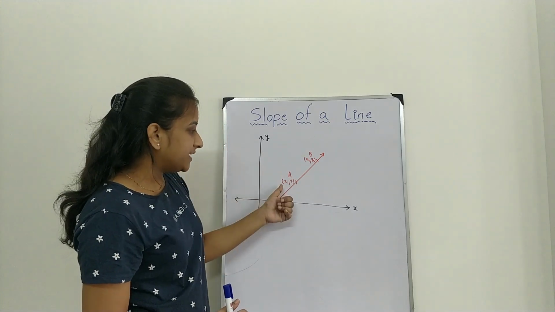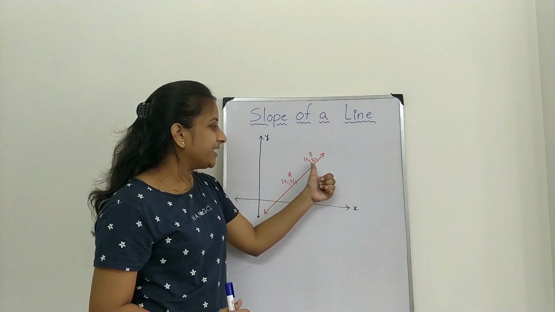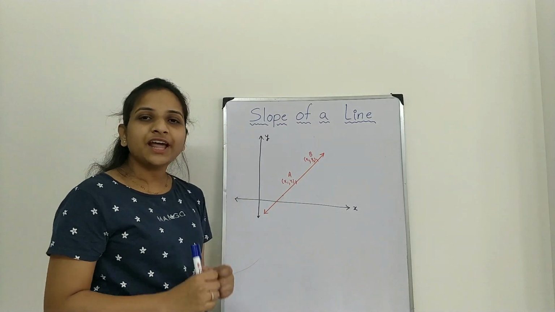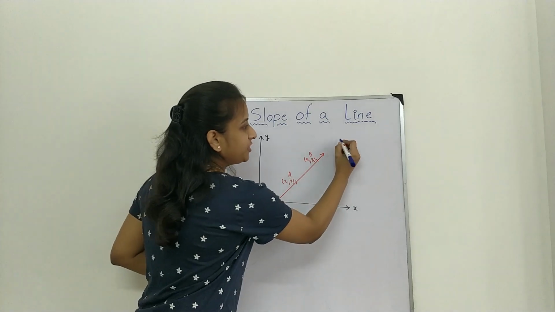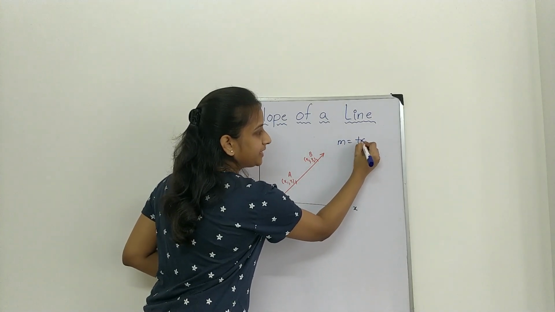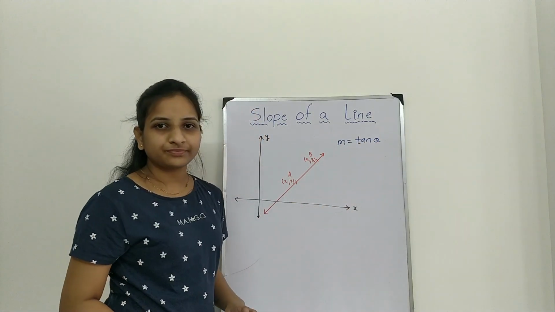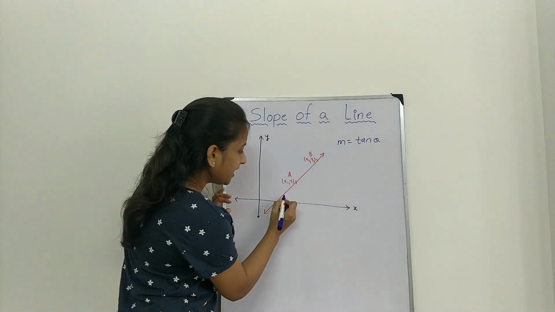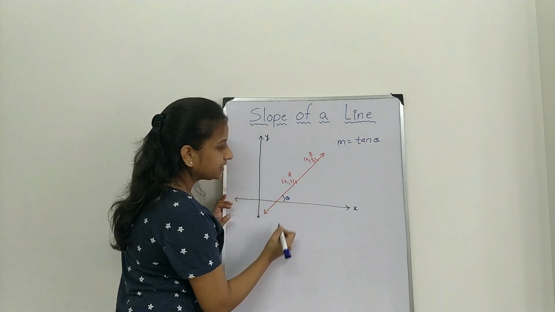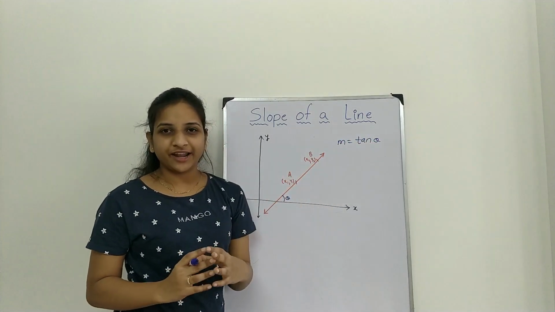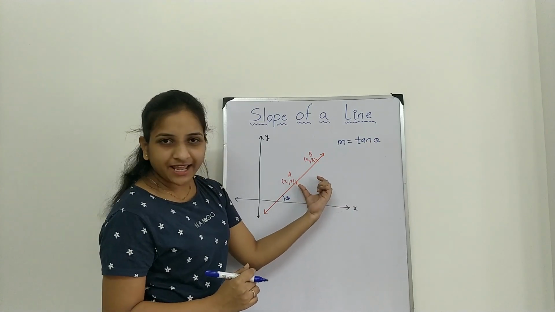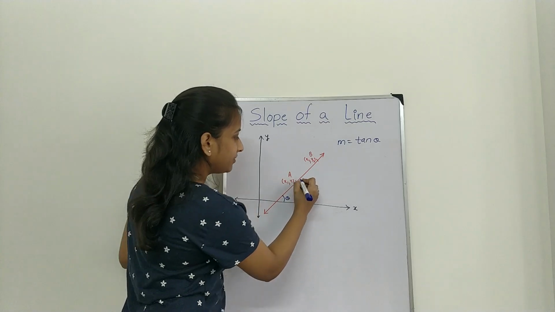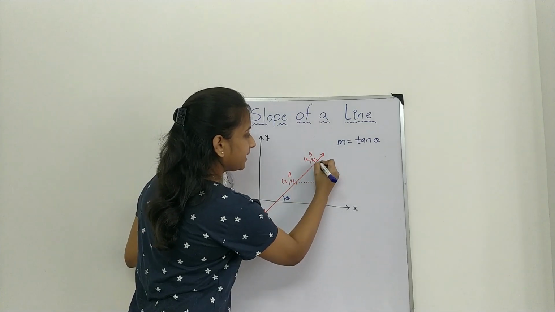Point A coordinates are x1, y1, point B coordinates are x2, y2. Then how to find the slope of this line? We know slope is nothing but tan theta, and if this is theta, then we have to find tan theta. Here I am drawing one right angle triangle with this AB side.